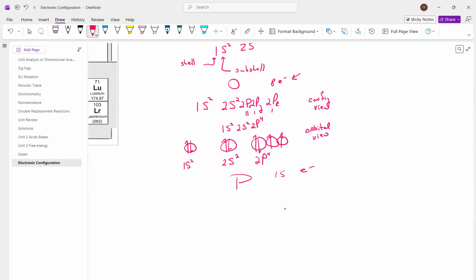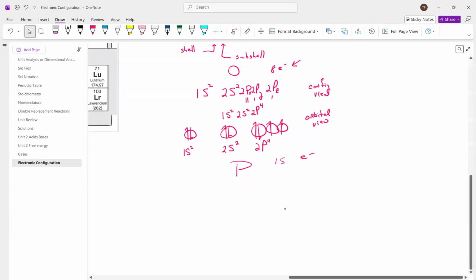And we're writing this configuration for the last one. And if you take away an electron, it'll be the second one down, third one down, etc. But the one we're writing for is the electron that we put in last. Okay? All right.